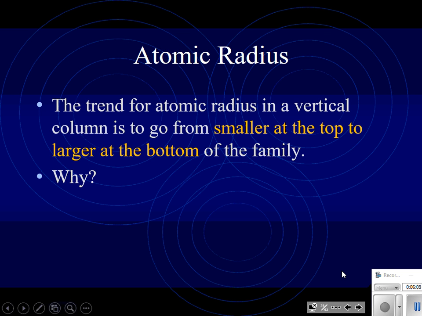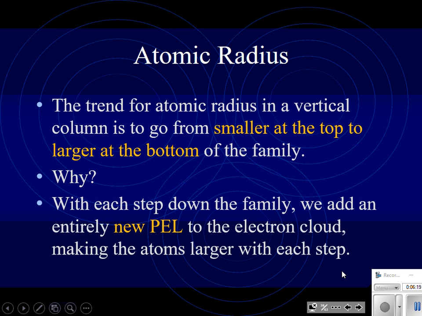We talked about the different periods, the electron configurations. They're just flat out bigger on the bottom than they are on the top, right? Okay? So, the reason is that there are more principal energy levels, just like I stated there. There's more stuff down at the bottom than there is at the top of the family.